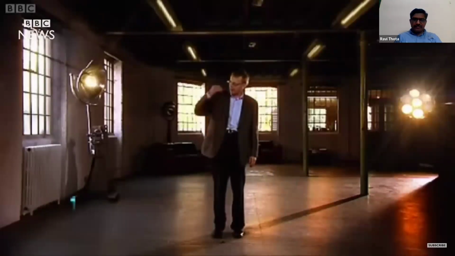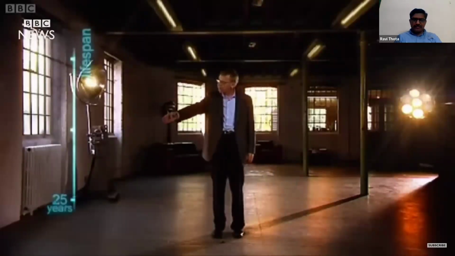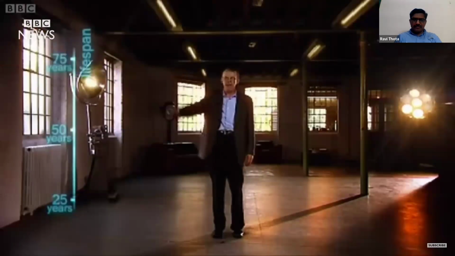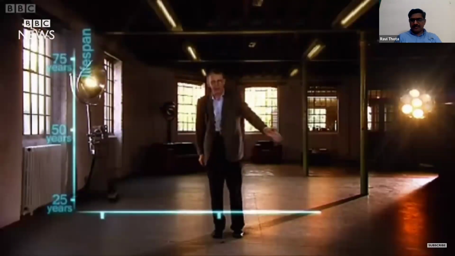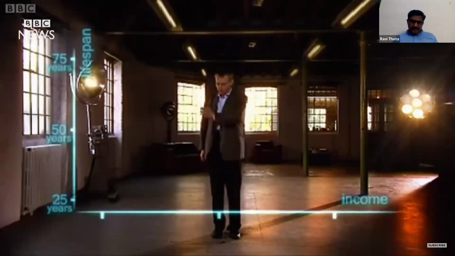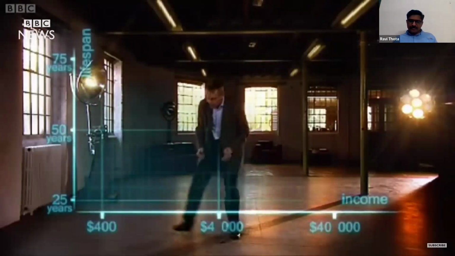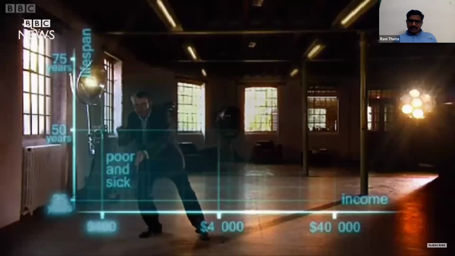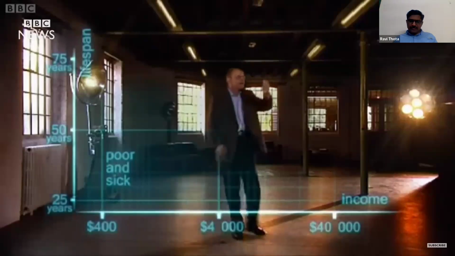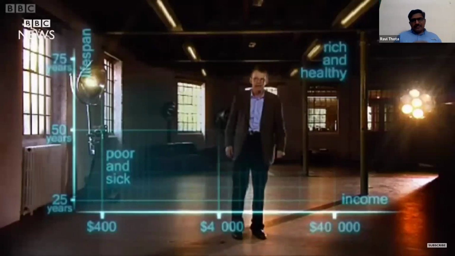So here we go. First, an axis for health, life expectancy from 25 years to 75 years. And down here, an axis for wealth, income per person, 400, 4,000, and $40,000. So down here is poor and sick, and up here is rich and healthy.